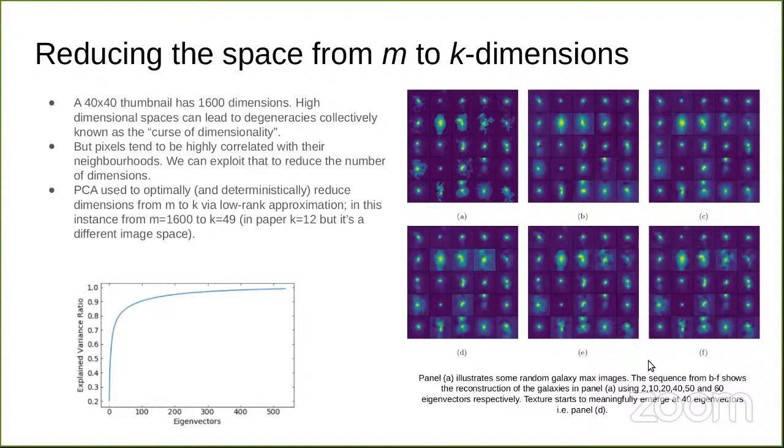Around panel D, we start to get useful representations. At panel E, they become good enough. So in this low rank approximation, we decided to keep 49 dimensions. We did a bunch of other tests too. We considered lots of different panels, and 49 did the job just fine. That's also low enough to avoid things like the curse of dimensionality.